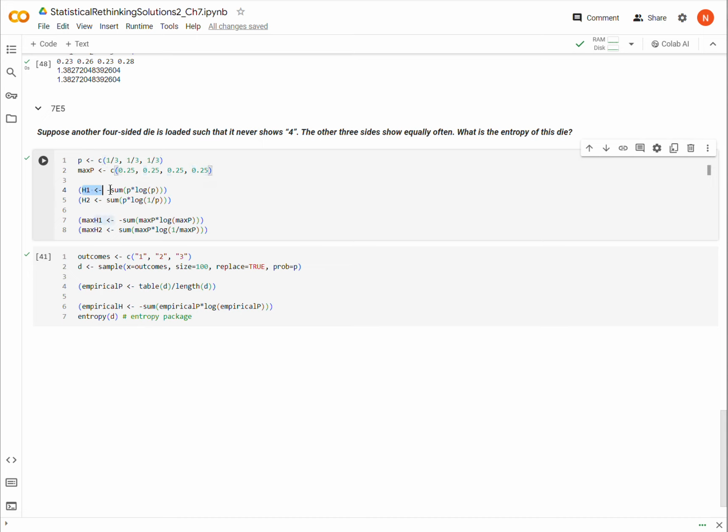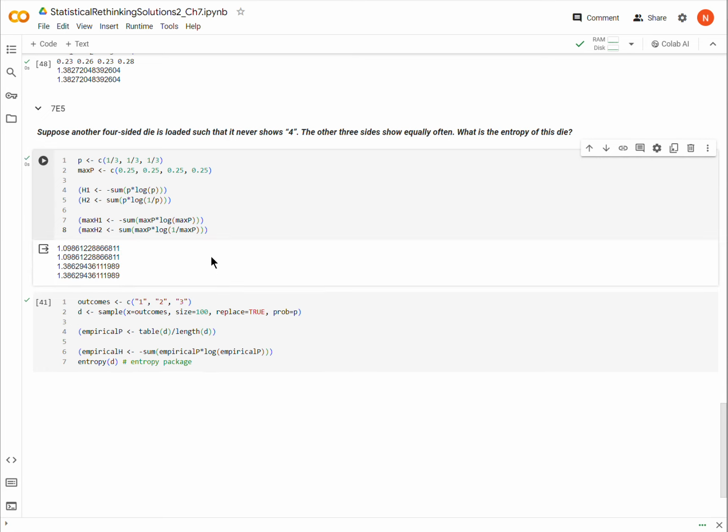I'm going to calculate the entropy in two different ways, and then I'm going to calculate the maximal entropy, which should be the same as it was in the previous problem, and this is the found entropy. This is interesting in a couple of ways.